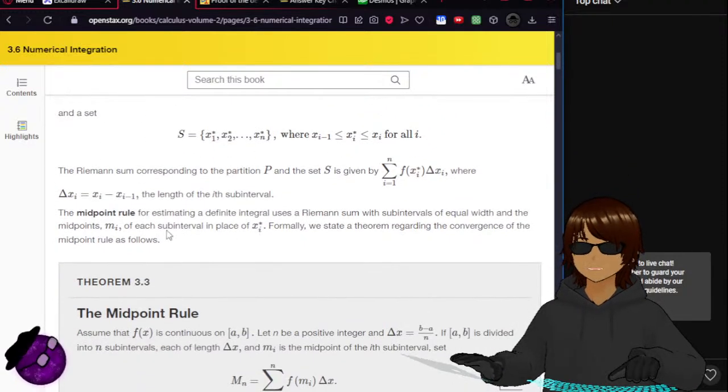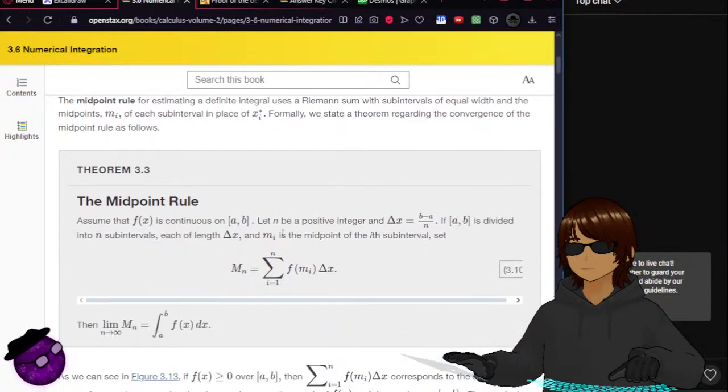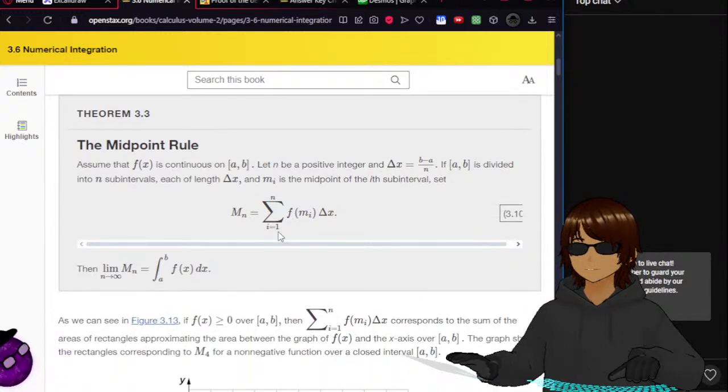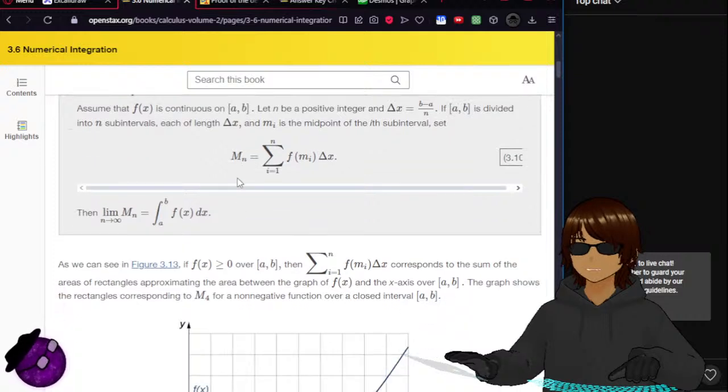Because I thought x star was the midpoint. Mi be the midpoint of the ith subinterval. Okay. This is the area of the rectangle.